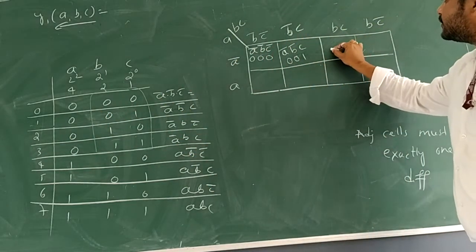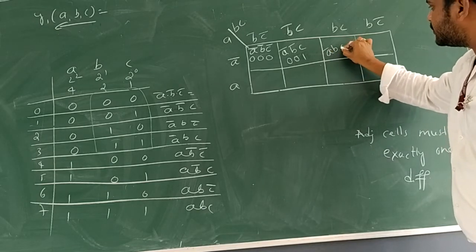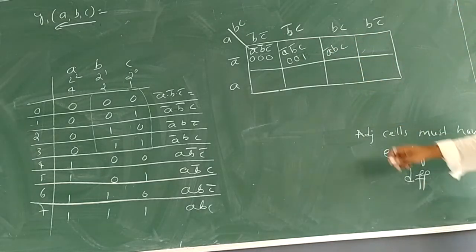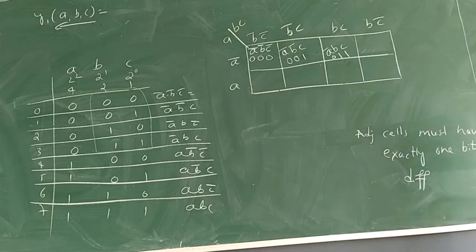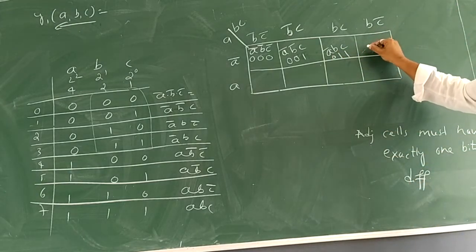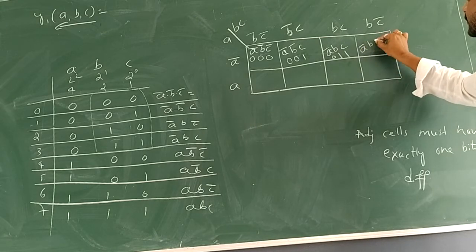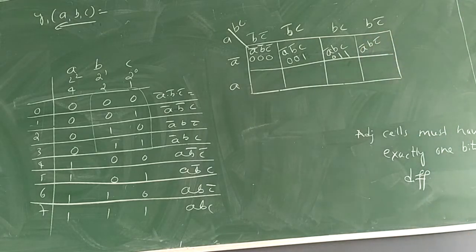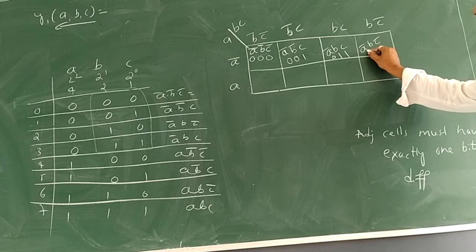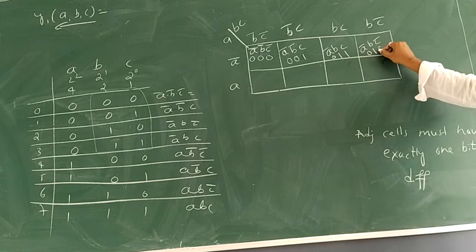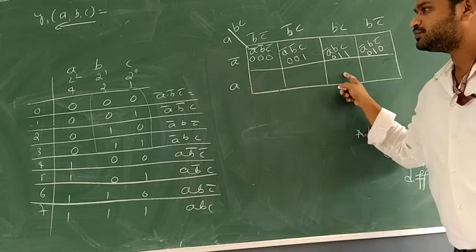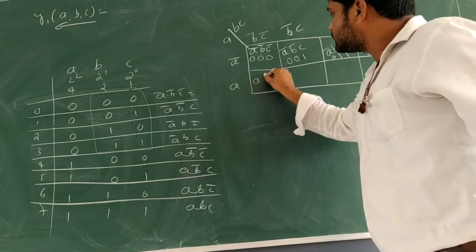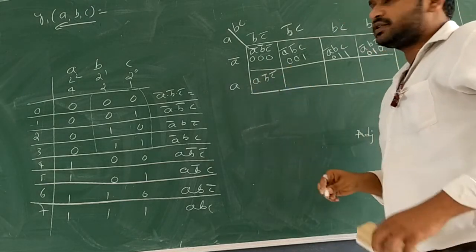So now we continue. A complement, B with C. So what do you mean by that? 0, 1, 1. So first row, last cell, A complement, B with C complement. That is 0, 1, 0. Okay. Second row, A, B complement, C complement.